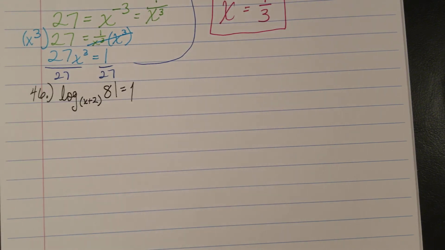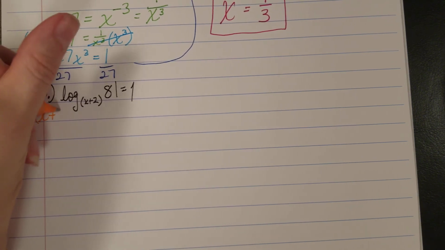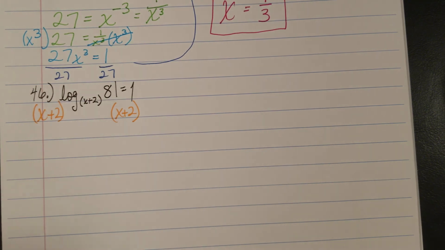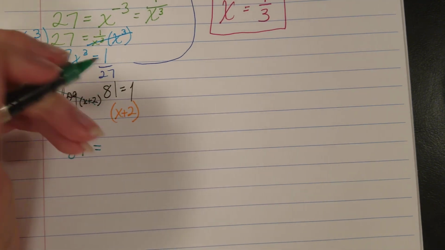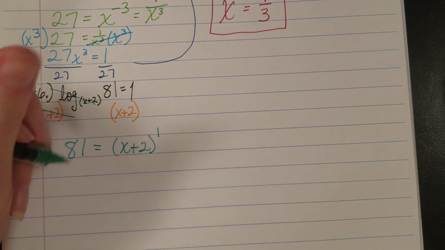And number 46, the base is x plus 2. So I will write a big x plus 2. So this can cancel. Bring down the 81. And then I basically have x plus 2 raised to the power of 1.